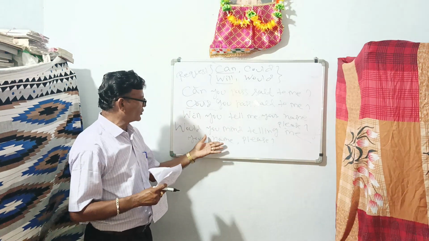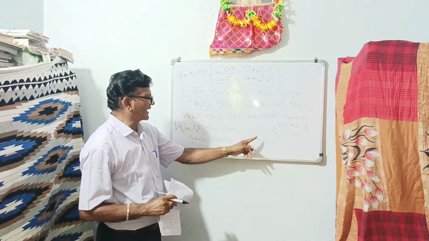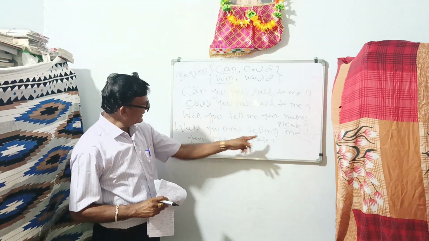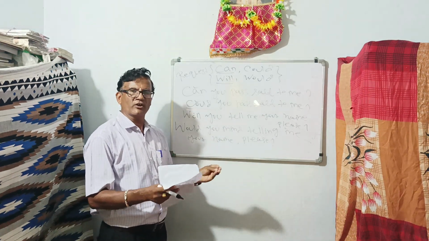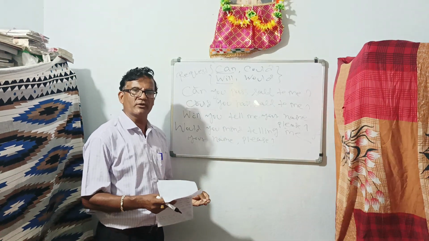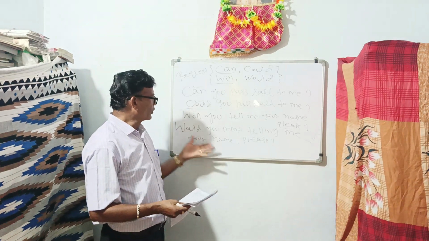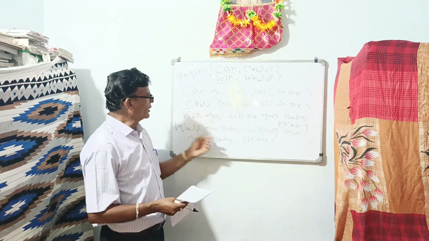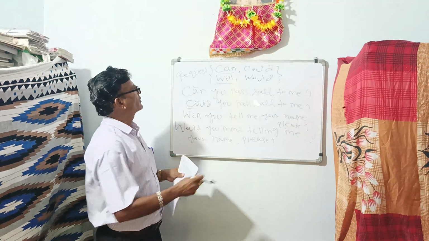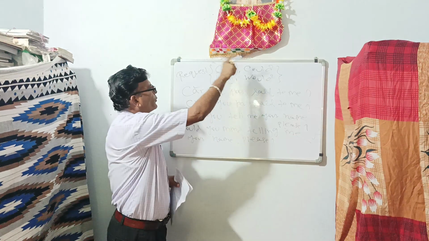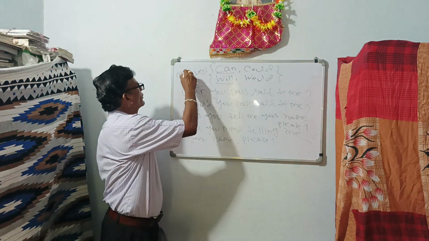This is another construction: after mind, -ing is added to the main verb. Would you mind telling me your name please is the more polite form. Will you tell me your name please is the less polite form. Thus can, could, will, would, these four modal auxiliary verbs are used to express request.